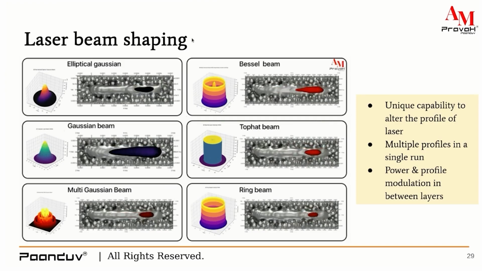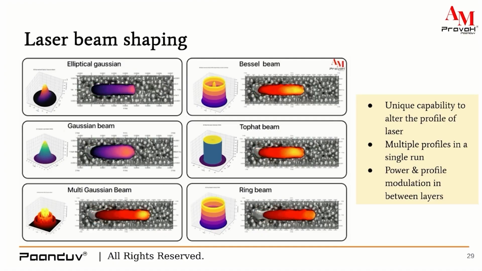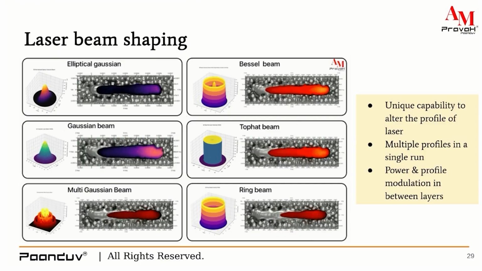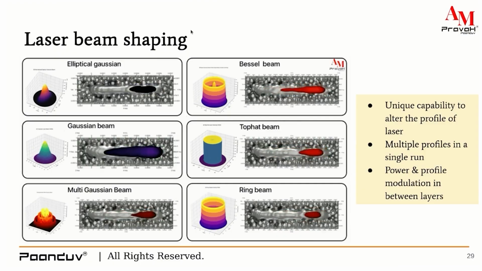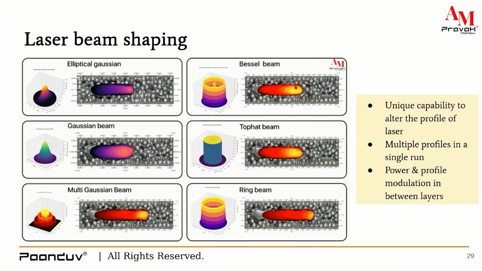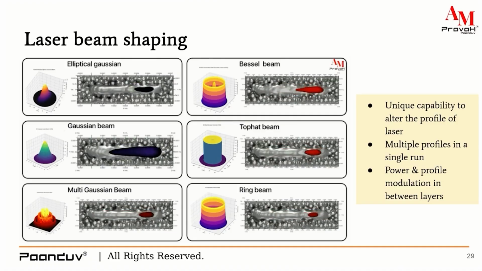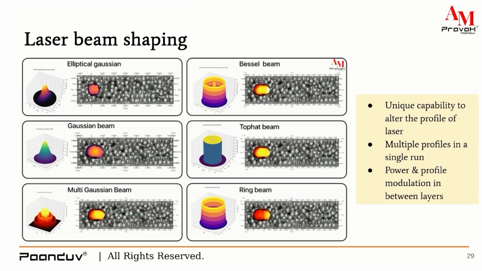Now, there can be multiple defects occurring in wire-based DED processes, which can be non-uniformity in these builds, which can be vapor entrapment, which can be humps, like this, which can be lack of fusion defects between the layers, and lack of integration, delamination between the substrate and the bead.